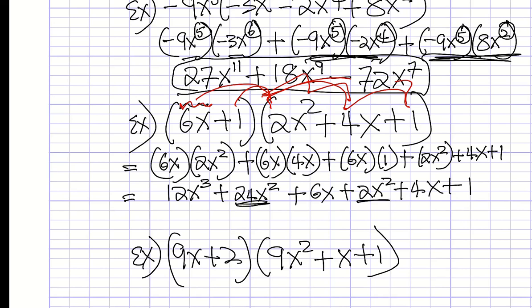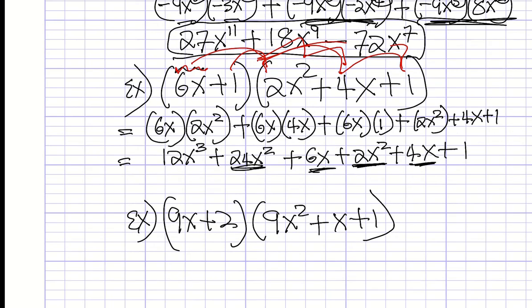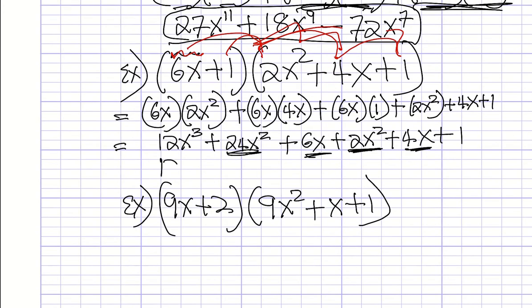This one will combine with that. That will combine with that. You see that, right? So you say 12x raised to the power 3 plus, you combine that and that, you get 26x raised to the power 2, and then you combine this and that, you get 10x, and then plus 1.